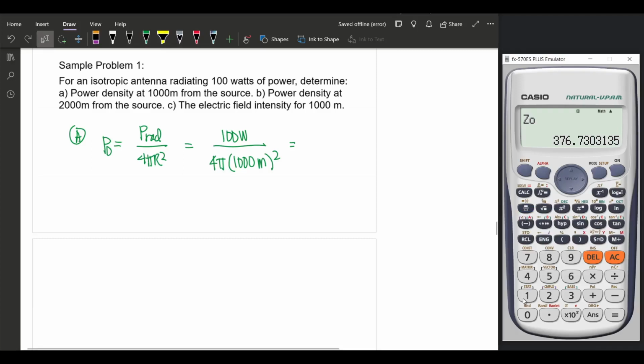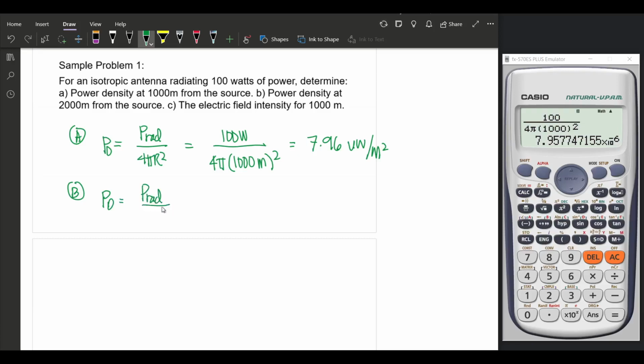So let's calculate: 100 all over 4 pi times the distance, 1,000 meters from the source. This will be the power density, 7.96 microwatts per square meter. Okay? What will happen in part B if we double the distance?